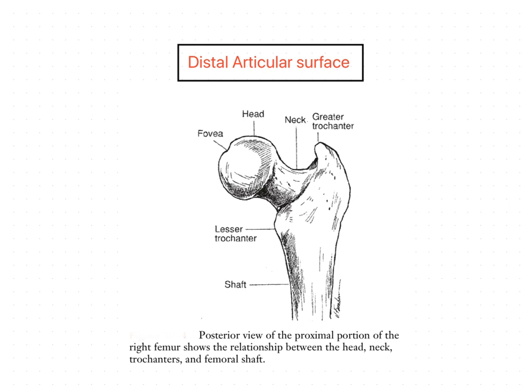The distal articular surface is formed by the head of the femur, and here in this picture you can see the posterior view of the proximal portion of the right femur. The head of the femur is covered by hyaline cartilage. The articular area of the femoral head forms approximately two-thirds of a sphere and is more circular than the acetabulum.